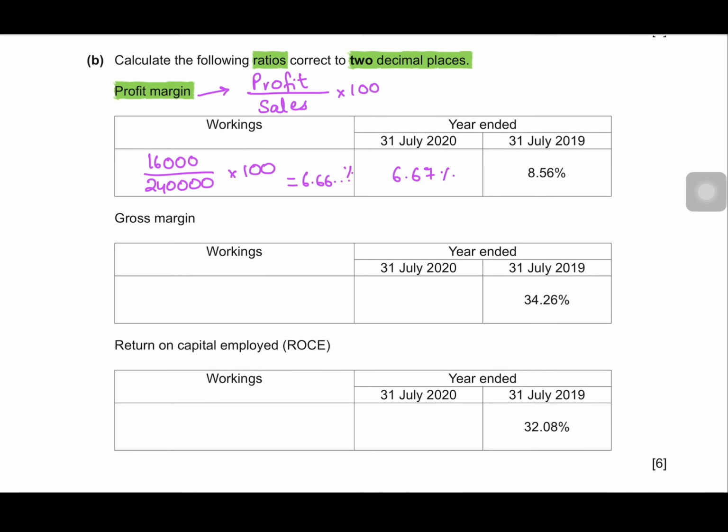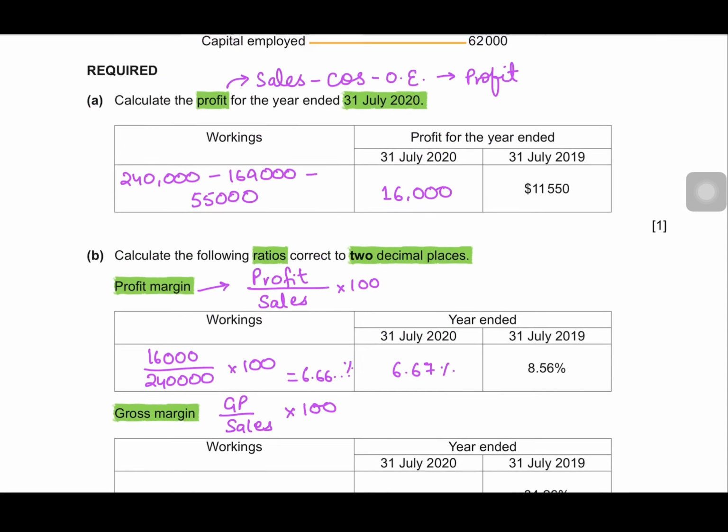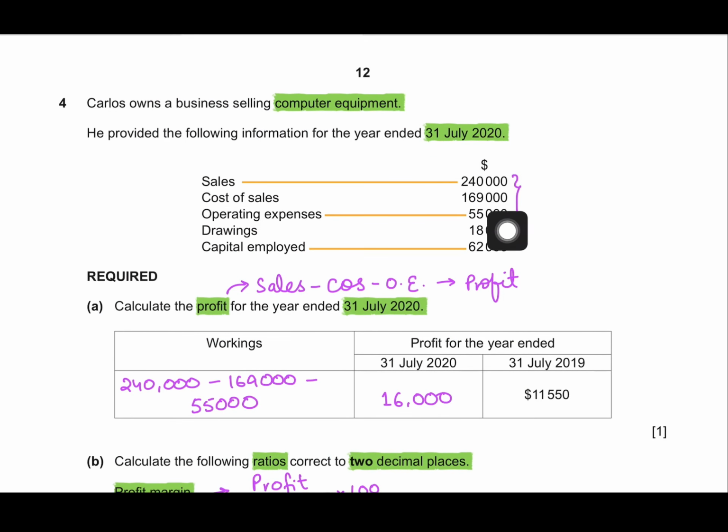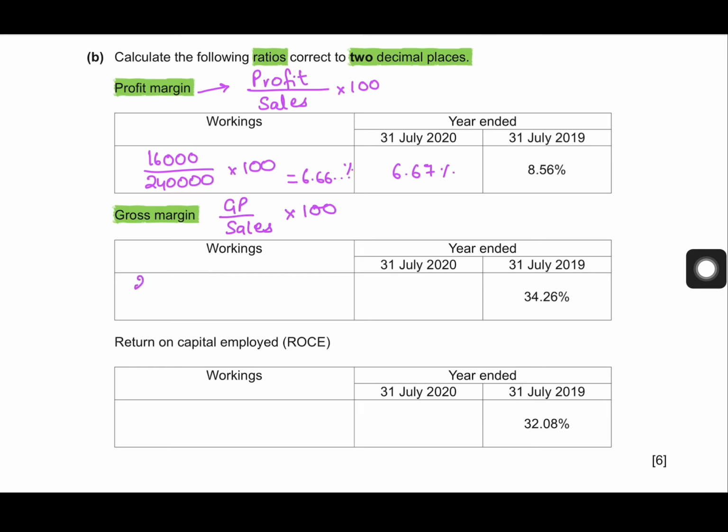Then we are asked to calculate the gross margin. So gross margin is gross profit upon sales multiplied by 100, right? Now do we have the gross profit? We are not given with the gross profit, but we can easily find that out, and that would be sales less cost of sales will give us our gross profit. So 240,000 less 169,000 divided by the sales, again 240, and then multiplied by 100.